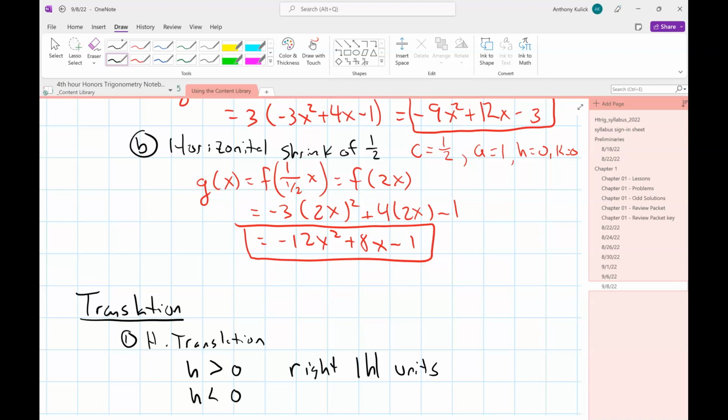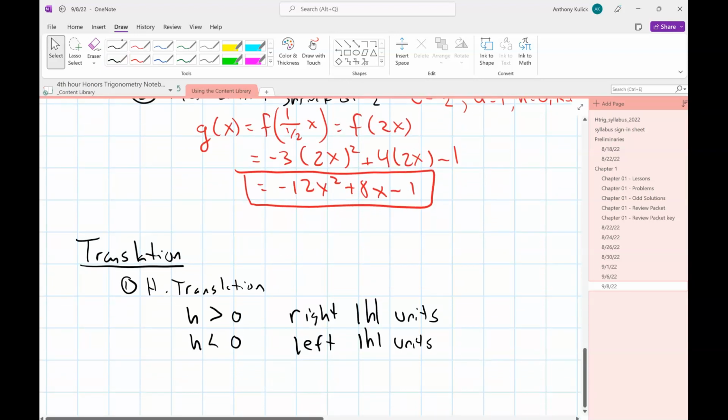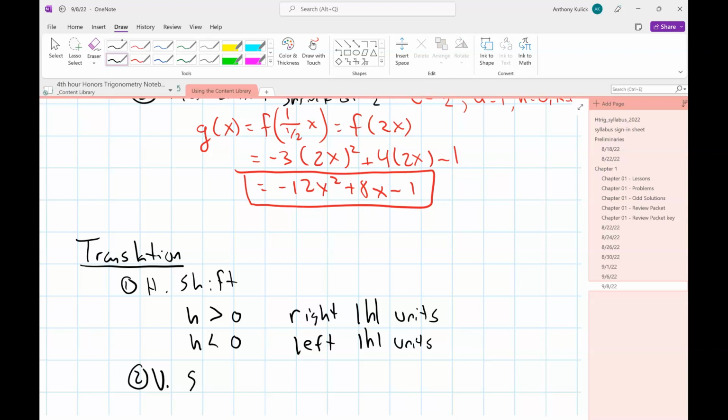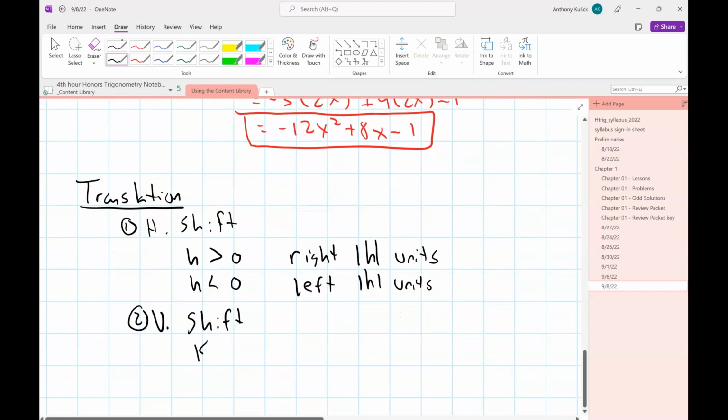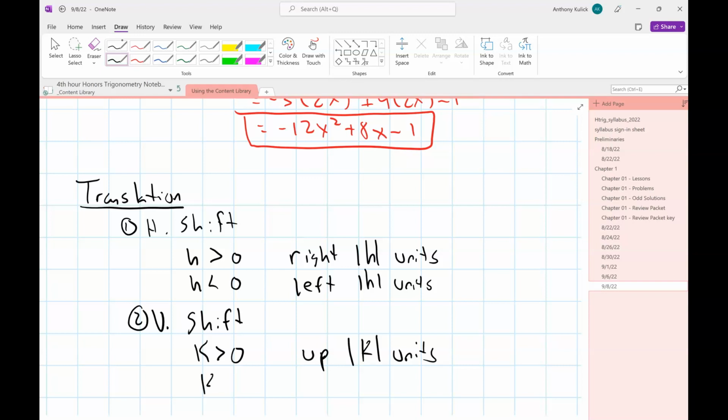And if H is less than 0, we're going to be going left H units. Maybe I'll call that shift. That's probably the verb that I use most often. And the vertical shift is going to be handled by the K's. So if K is positive, we're going up K units. And if K is negative, we're going to go down K units.